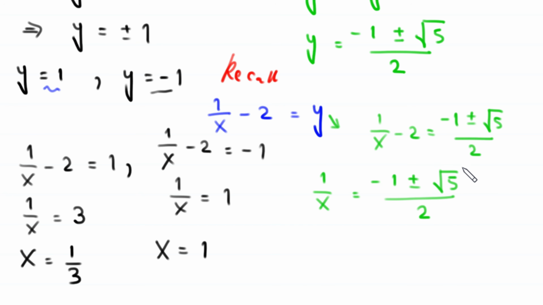This negative 2 will become positive 2. Positive 2 is the same as 4 over 2. And 1 over x will be equal to, we write the common denominator 2, and negative 1 plus 4 will become (3 plus minus root 5) over 2.